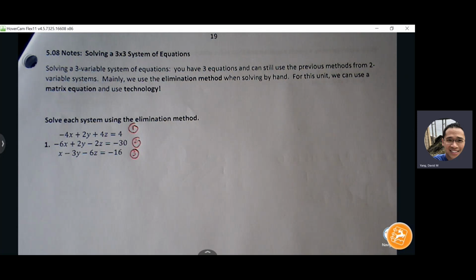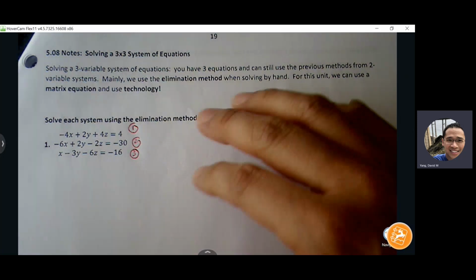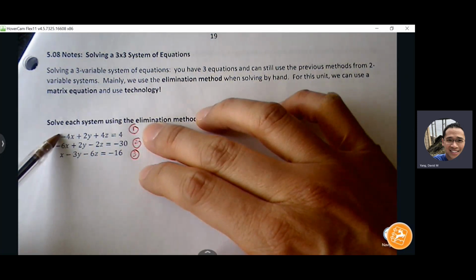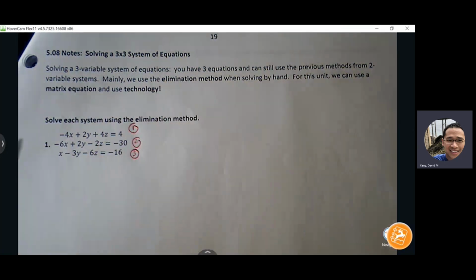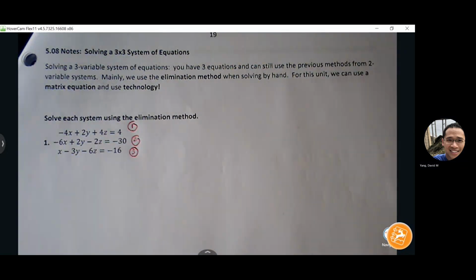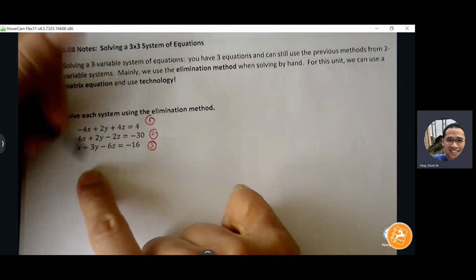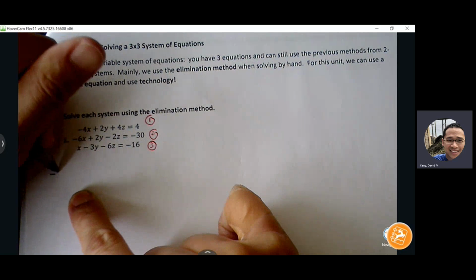Okay. So I'm going to target the first and third equation, because the negative 4x and x, I can just change one of them to get the 4x and x to cancel out. Okay, so I'm going to target the first and third. So I'm going to copy those, the first and third, down.